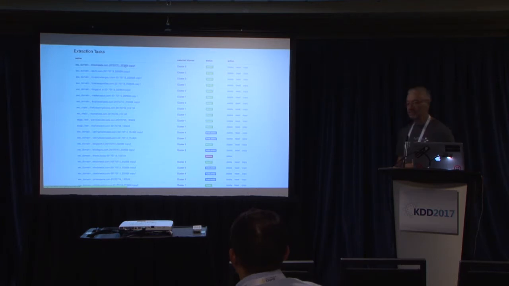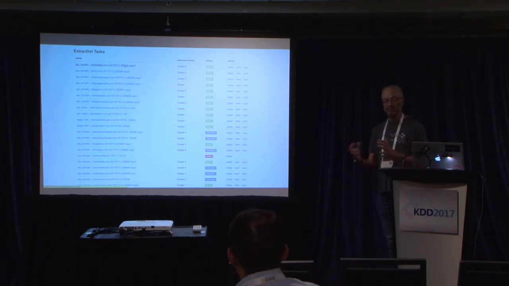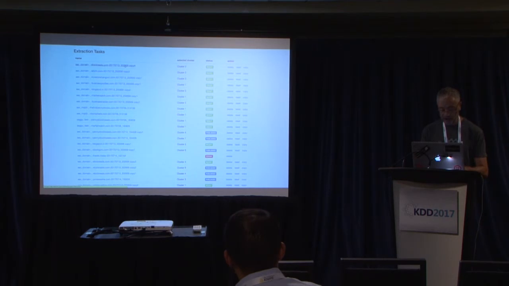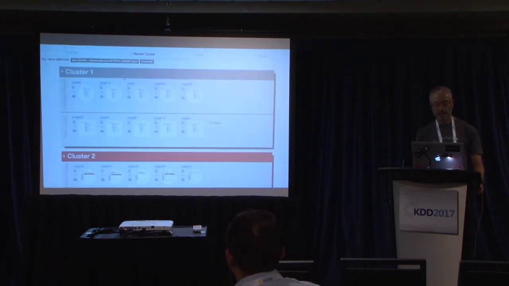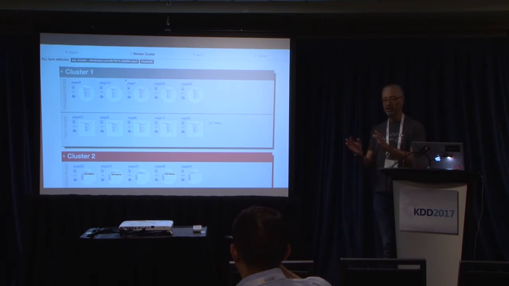The system got a bunch of pages from this website called stockreads.com, and it clustered them to identify templates and then created extractors for them. And this is all completely unsupervised.